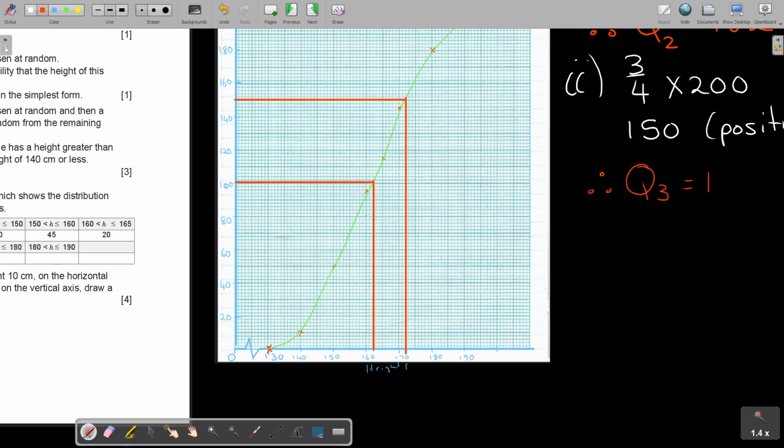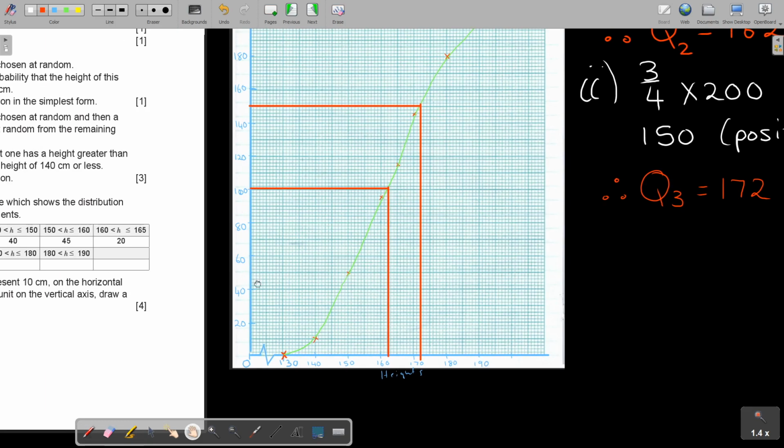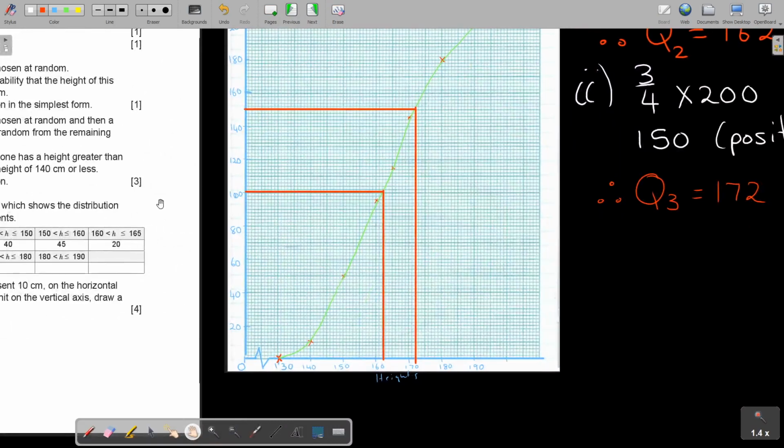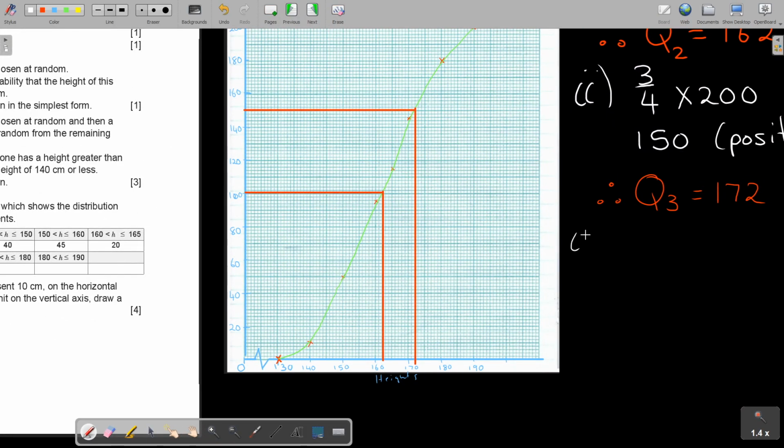Q3 equals 172. Okay. And now they are going to ask me, and this is what I said to you in the previous, sometimes they don't ask you Q1, but they just ask you the interquartile range. But before you can do that, you first have to find Q1. So for that third one, I'm first going to say 1/4 of 200.